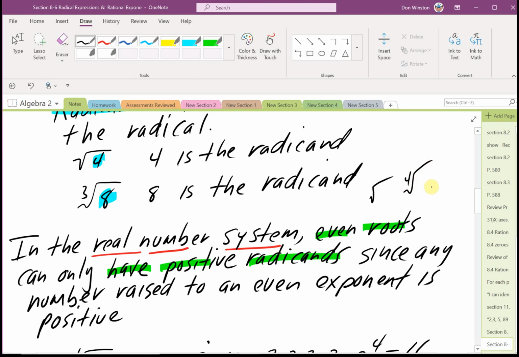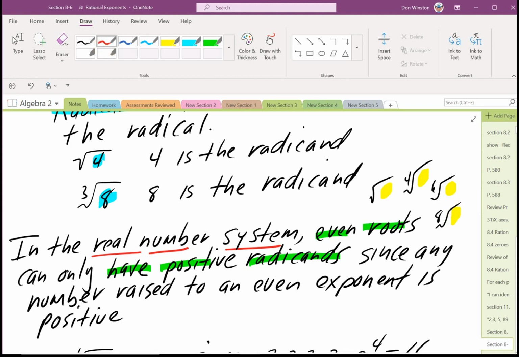The fourth root, the sixth root, the eighth root can only have positive radicands, since any number raised to an even exponent is positive. So the radicand here can only be positive.